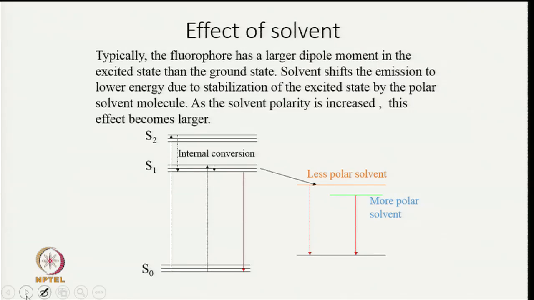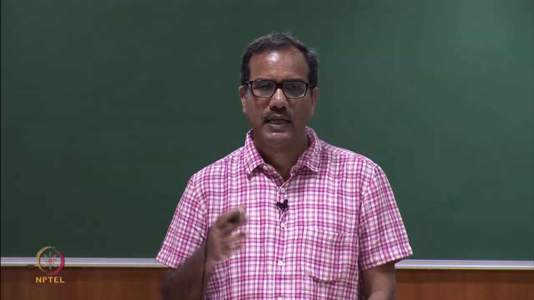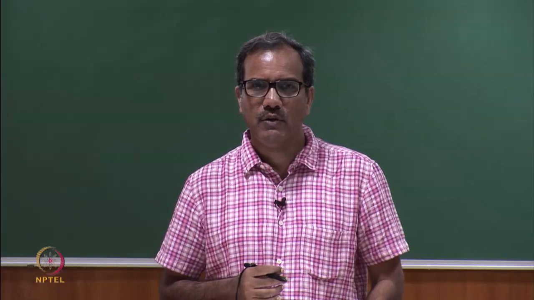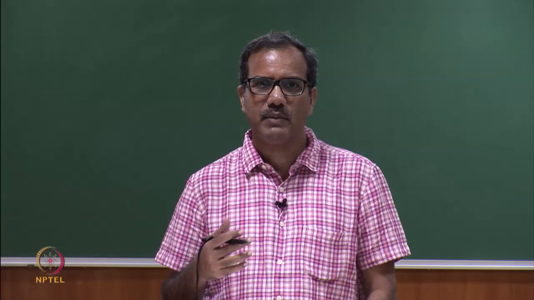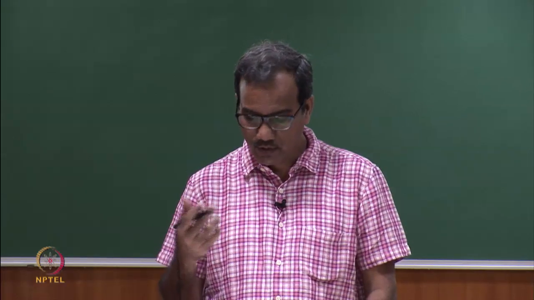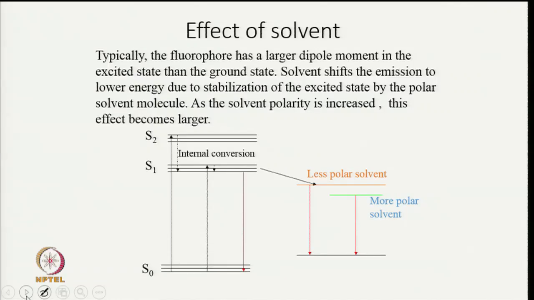So, how does solvent affect the fluorescence intensity or your lambda max? Typically, the fluorophore has a larger dipole moment in the excited state than in the ground state. So, the solvent shifts the emission to lower energy due to stabilization of the excited state by the polar solvent molecules. What a polar solvent does is stabilize both S naught and S1, but it stabilizes the excited state to a greater extent.